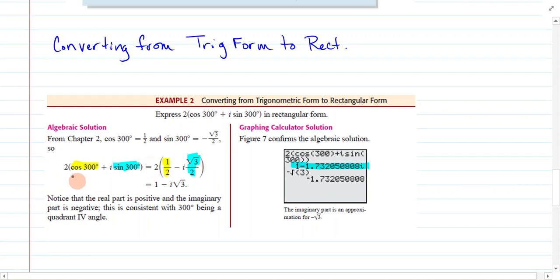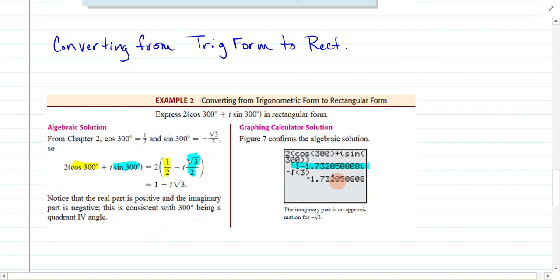So if you put those values in, 2 times 1/2 minus i times square root of 3 over 2, when you distribute that you end up with 1 minus i square root of 3. So the real part is positive and the imaginary part is negative. That's consistent with 300 being a quadrant 4 angle.